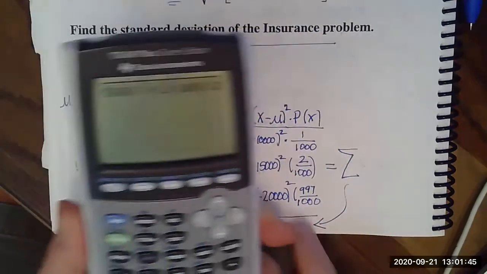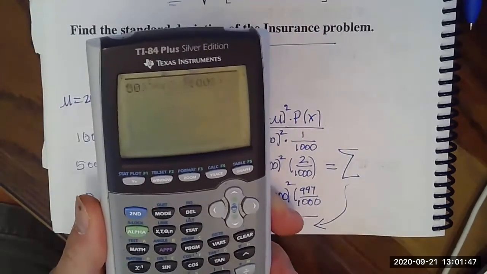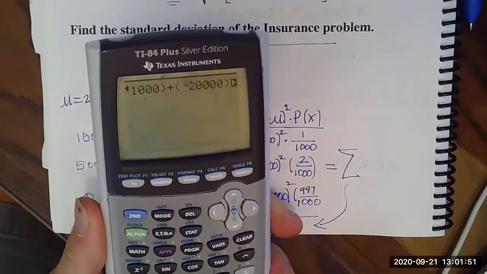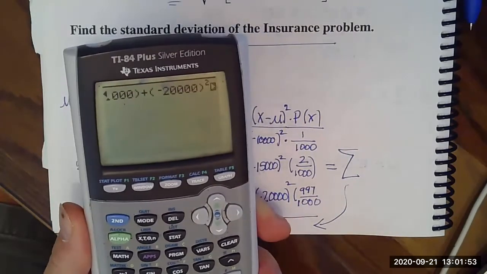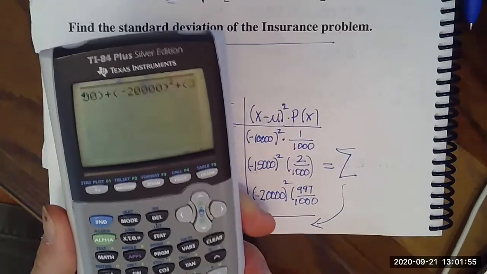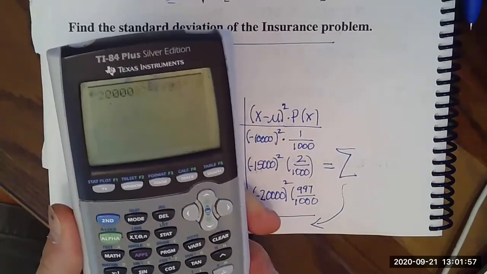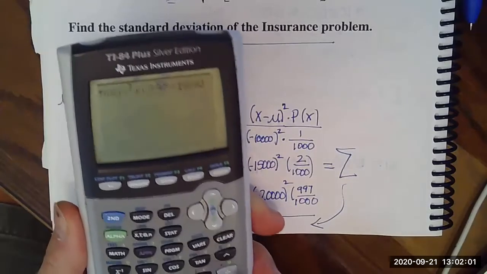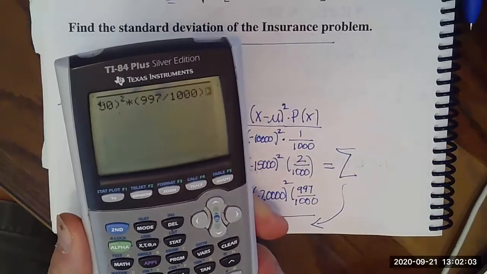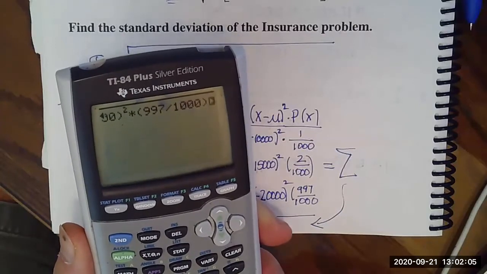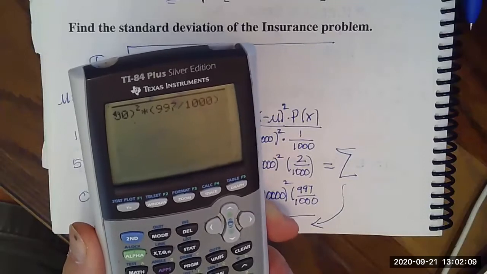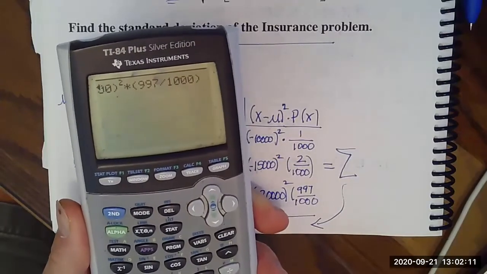Okay, and the last one here is plus. I'm not going to be surprised if I hit enter and it's an error. I messed up somewhere, and then I'll have to go find it. Okay, I'm going to press enter and see what I get.